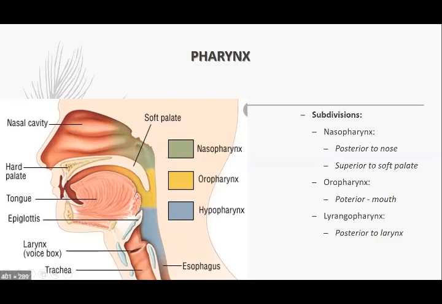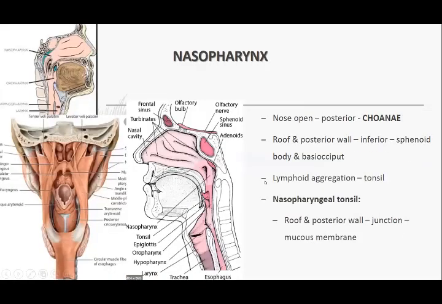The oropharynx is behind the mouth, the yellow part, and the laryngopharynx behind the larynx. Laryngopharynx, by the way, is also called hypopharynx; ENT surgeons call it the hypopharynx.